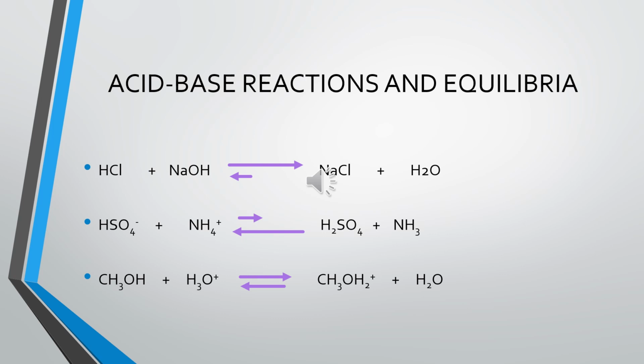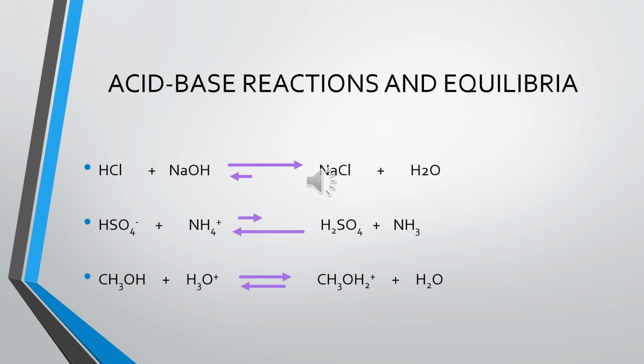And in the third example, we have methanol reacting with H3O+. When H+ is dissolved in water, the active species is H3O+, which is also called hydronium, which may be confusing, to give basically a protonated methanol and water.